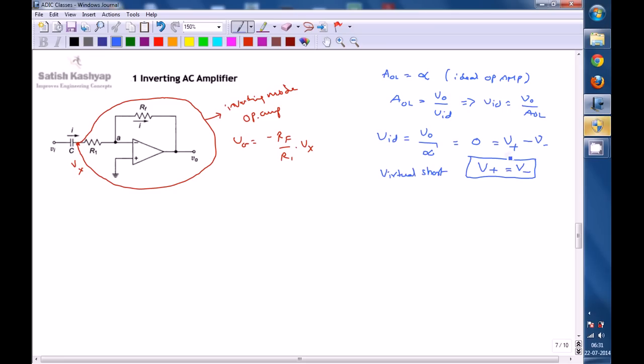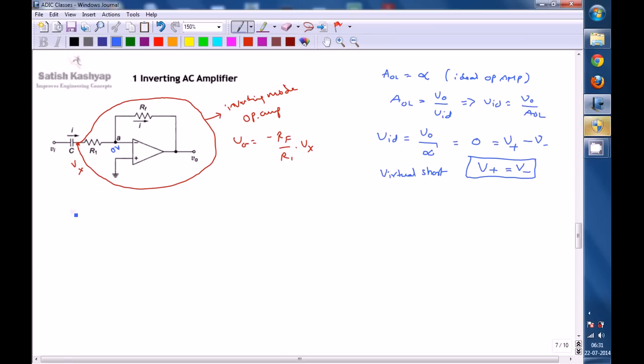Because of it, the voltages at the non-inverting and inverting terminals are always the same. If you know the voltage at one terminal, you know the voltage at the other. Since the non-inverting terminal is at ground, the inverting terminal is also at ground, that is 0 volts.